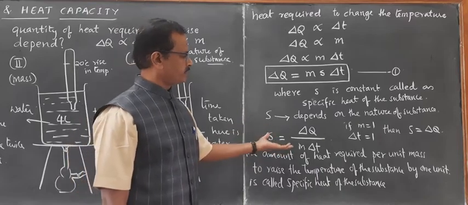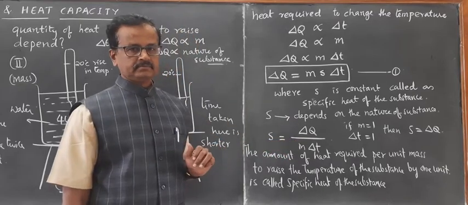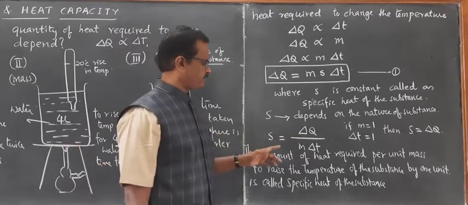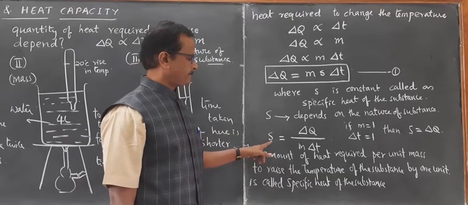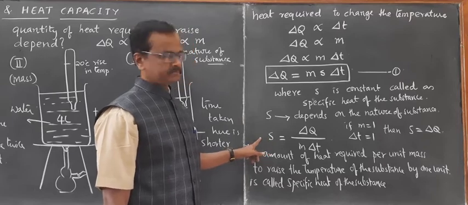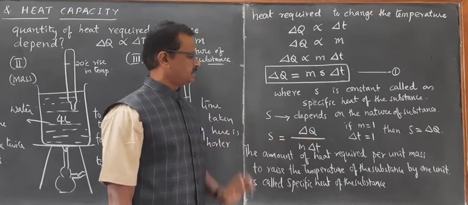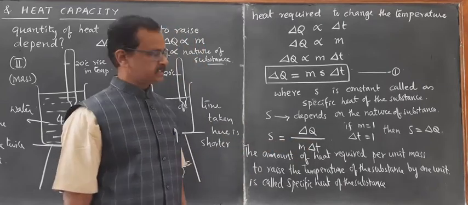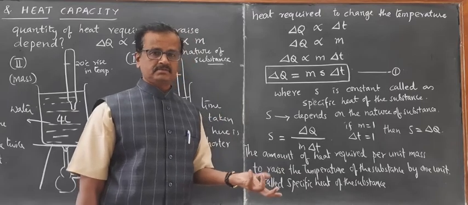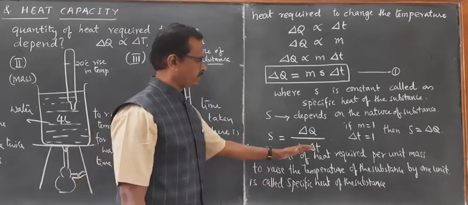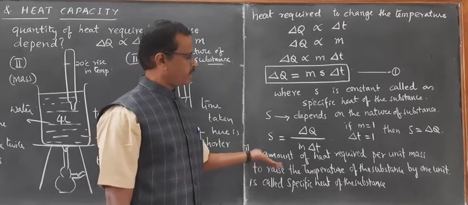In this we are now defining one more quantity, that is heat capacity. Heat capacity can be defined as specific heat into mass. If you take mass multiplied by specific heat, then we get heat capacity. That is the amount of heat required to raise the temperature of any amount of substance, not per unit mass, by 1 degree Celsius.